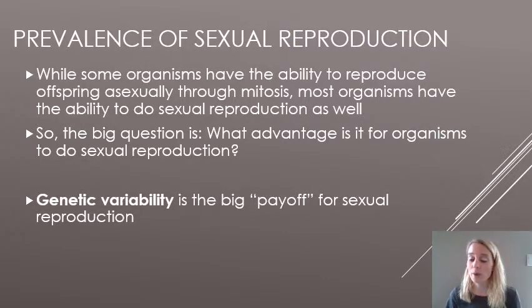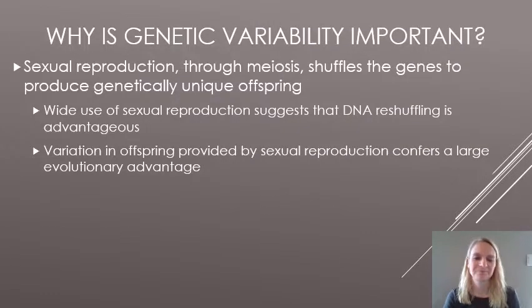So this is the big payoff, if you will, for all of the complex things that have to take place for you to get genetically unique offspring. Gives us advantages in evolutionary ideas of survival of the fittest, natural selection. The traits that are best suited for the environment get passed on, and you get those traits by these genetic recombinations that come through meiosis.